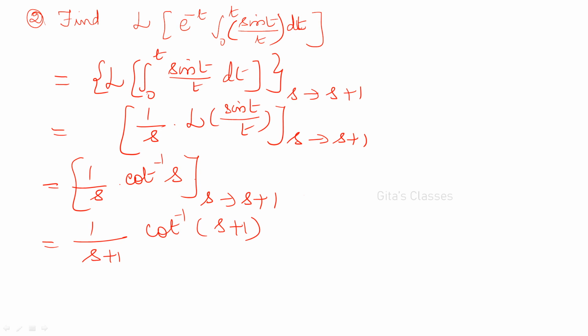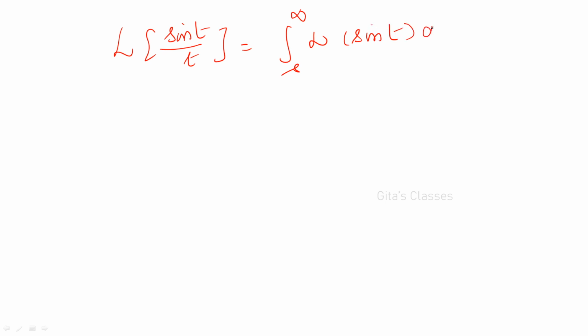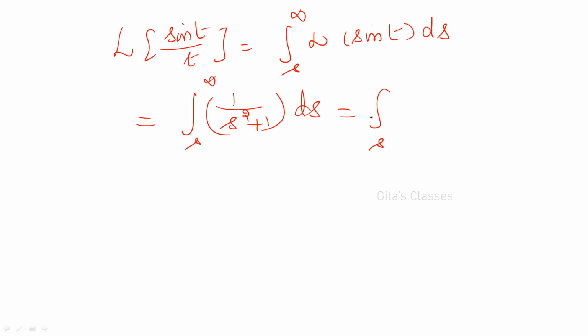If you want, I will explain L of sin t by t a little. Sin t by t means integral s to infinity L of sin t ds. L of sin t is 1 by s squared plus 1, so integral s to infinity 1 by s squared plus 1 ds.